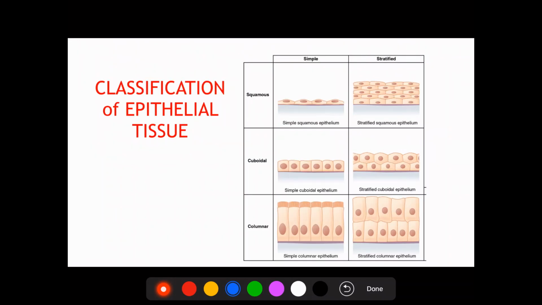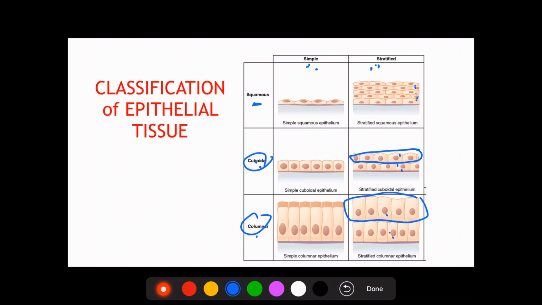Which means that we have simple squamous, stratified squamous, simple cuboidal, stratified cuboidal, simple columnar and stratified columnar, as you can see. When we are talking about stratified, it's more than one layer of cells, two or more. And usually the outer layer is the one that determines the shape.